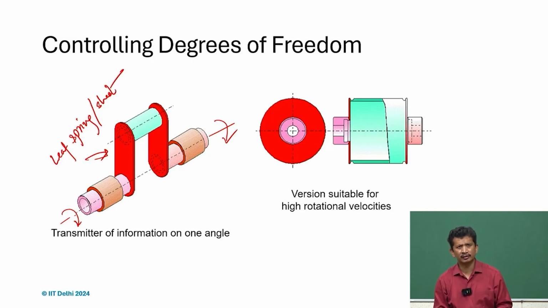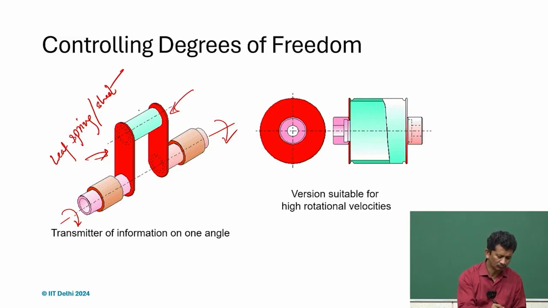So three compliance and three constraints, and similarly we can have the other side also. But if we connect the two, we want to have an offset, but connected through a torsionally stiff member. That is the requirement.